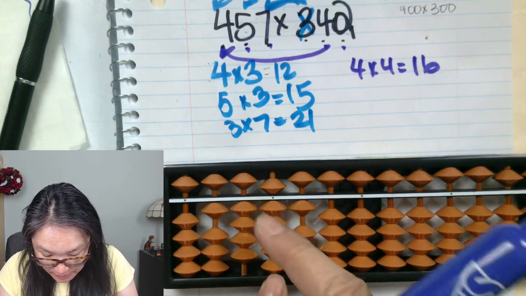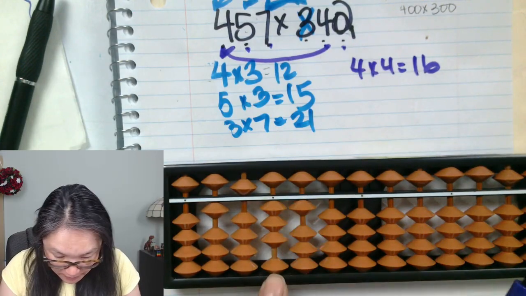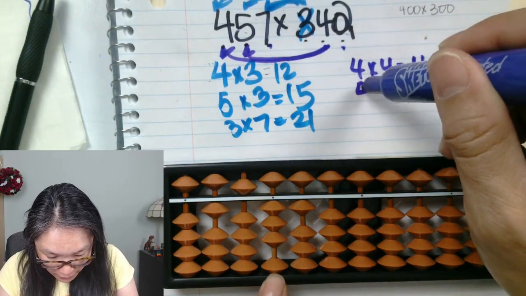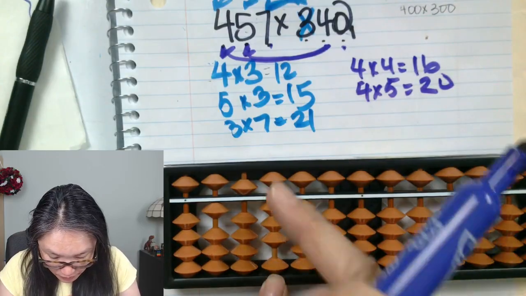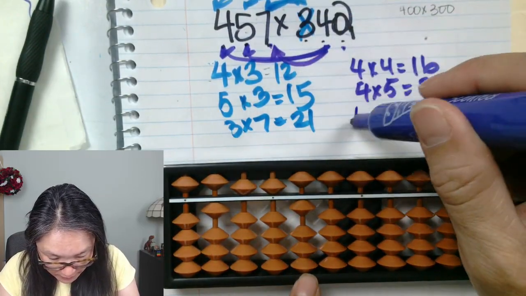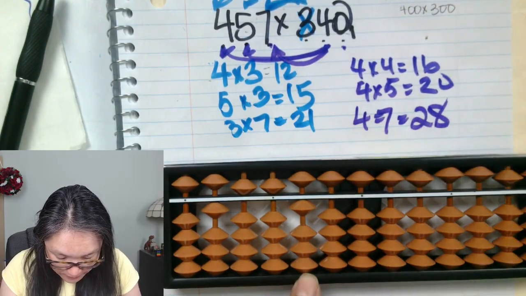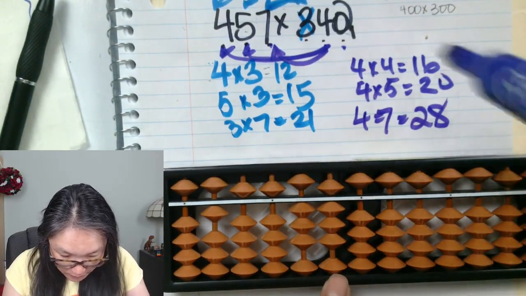Plus the 6 is plus the 10 minus the 4. And then 4 times 5 is 20. Add 2. Add 0. 4 times 7 is 28. Add 2. Add 8. Okay, we're done with this one.